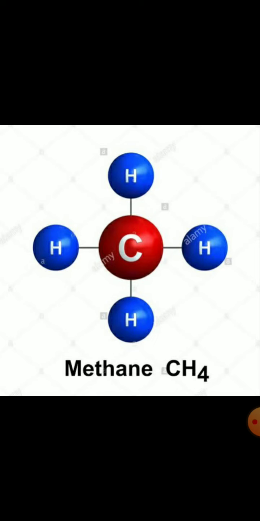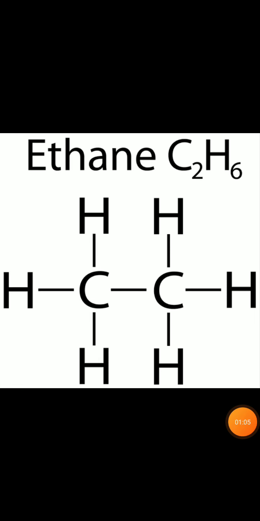So, for saturated compounds, this is the first compound and its name is methane, formula CH4. The next we have ethane, formula is C2H6, and this is the structure of ethane. 2 C in between, around it H's will be placed.